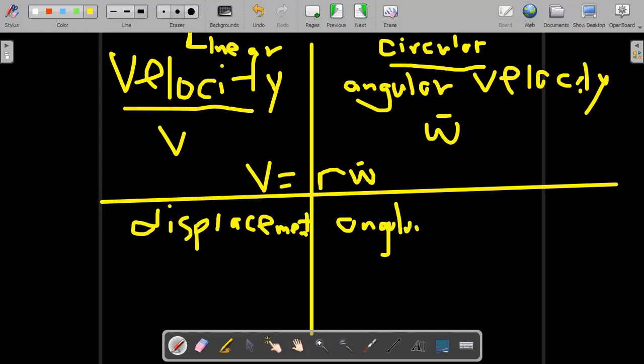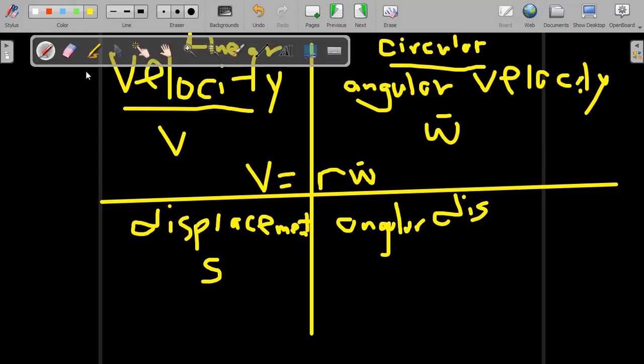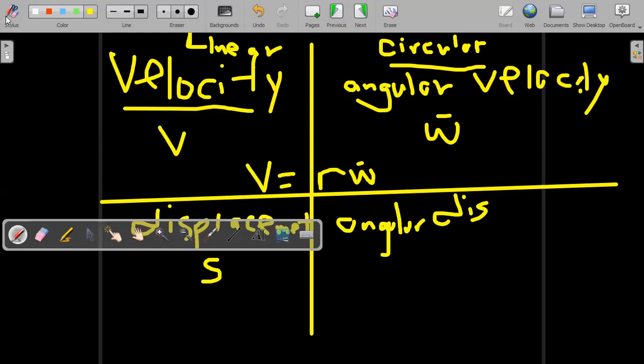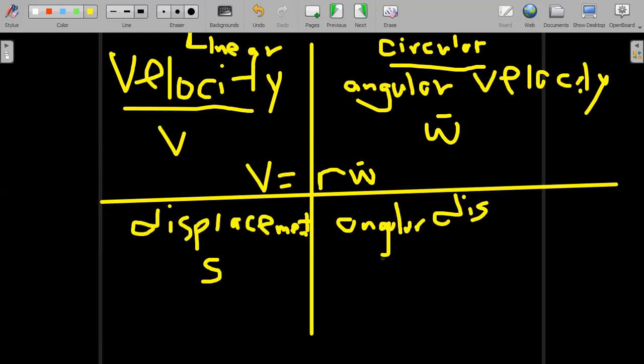For our displacement under linear motion, we just use the letter S. Others may use D. It's one and the same. But for angular displacement, what do we use? We use the angle theta, right?